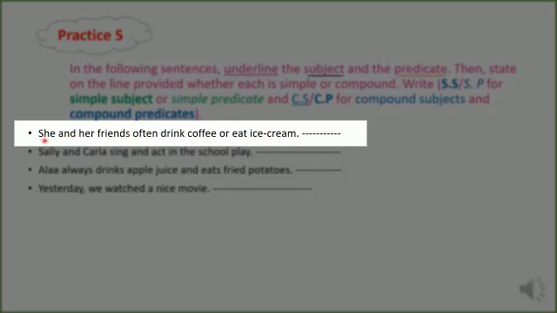Let us see here. She and her friends, this is the subject. Drink coffee or eat ice cream, this is the predicate. How many subjects here do we have? 2. They are connected by the conjunction and. Here also we have drink and eat, 2 verbs connected by the conjunction or. So here we have compound subject and compound predicate.